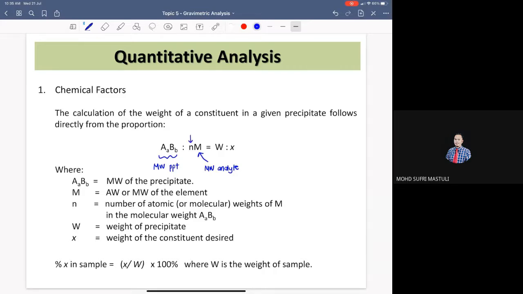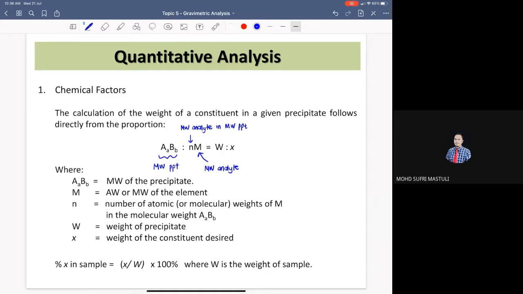Small n is the ratio of the molecular weight of analyte in the molecular weight of the precipitate.